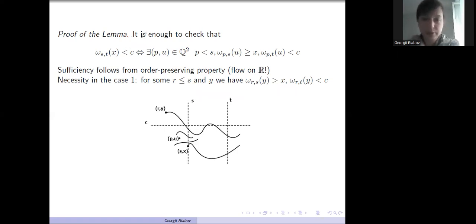Why is it necessary? To prove necessity, we consider two cases. Case one, assume that there is a trajectory started from ry that at time s was above x, and at time t was below c.